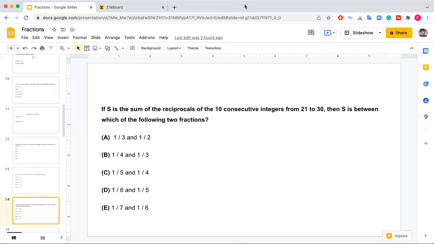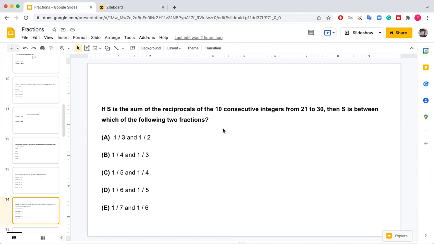A. Yes, it's answer A. Okay, so A is the answer. The point is how you come up with A. So the sum is less than 10 times 1 by 20 and greater than 10 times 1 by 30.